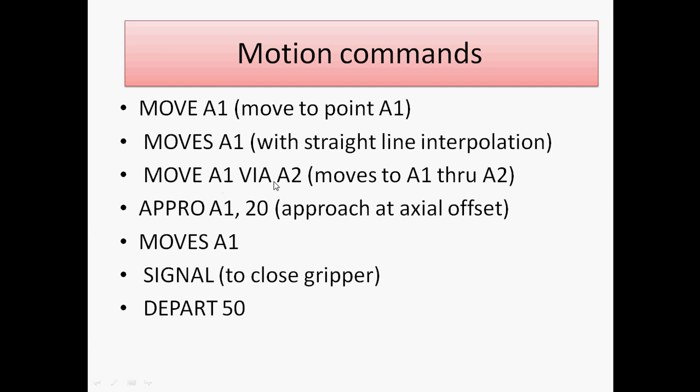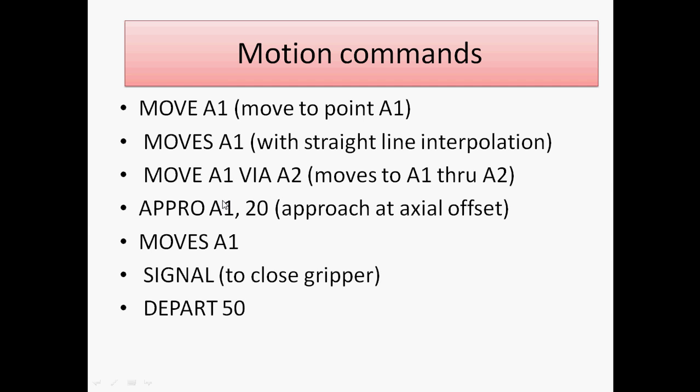Then MOVE A1 VIA A2 means the robot or manipulator moves to A1 through A2, where A2 is the intermediate point and it approaches A1. So we write it like that: MOVE A1 VIA A2.